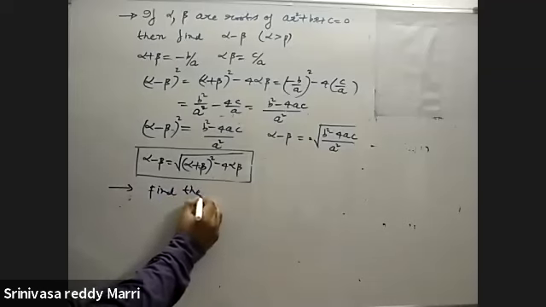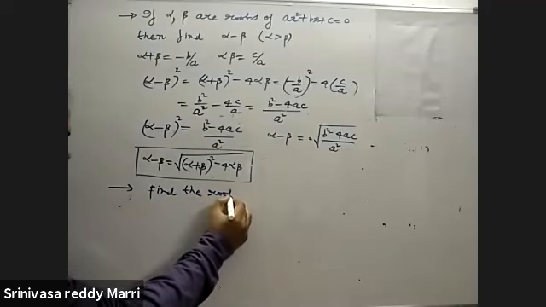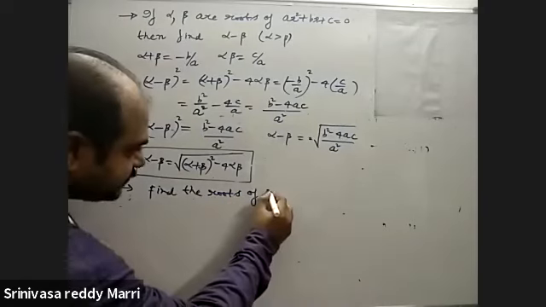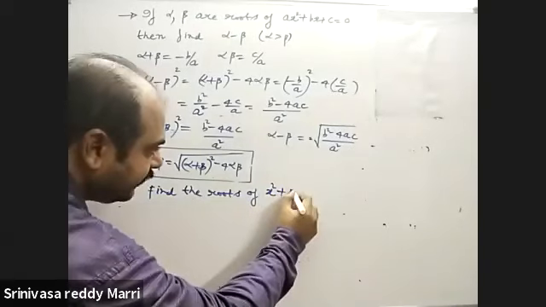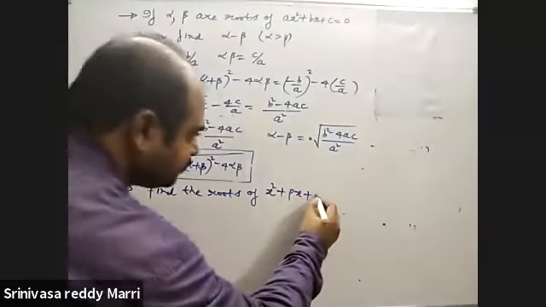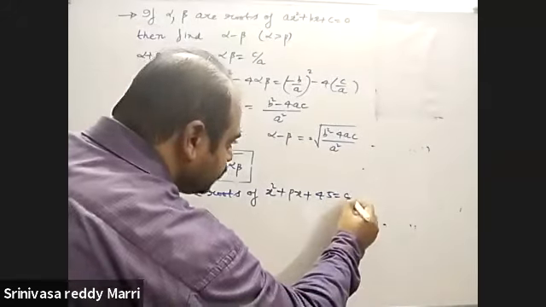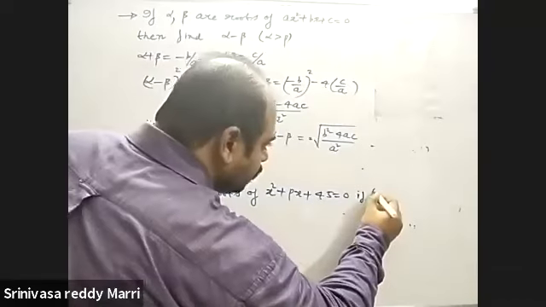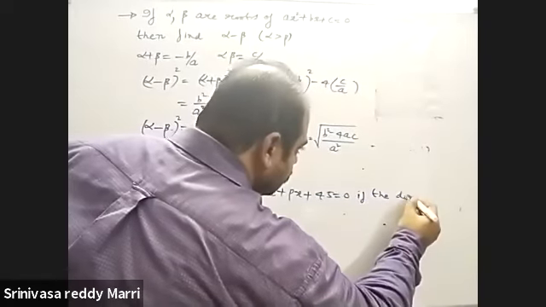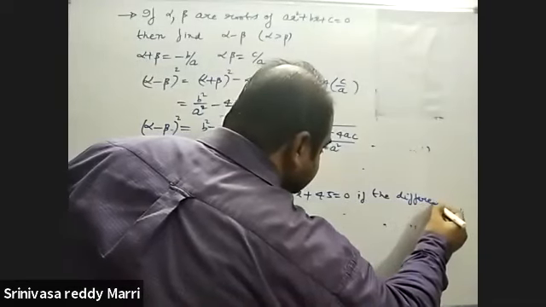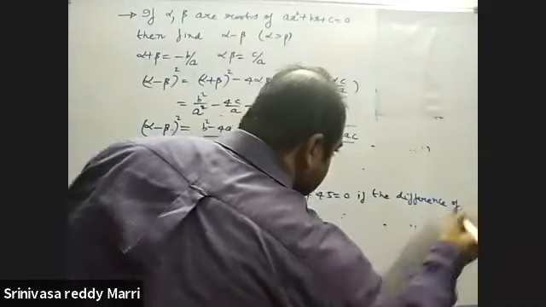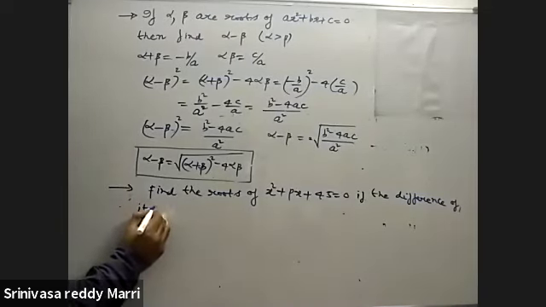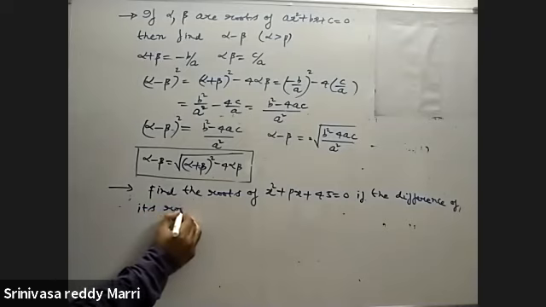Find the roots of x square plus px plus 45 equal to 0, if the difference of its roots is 144.